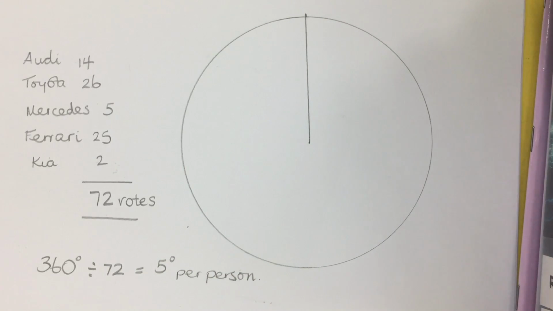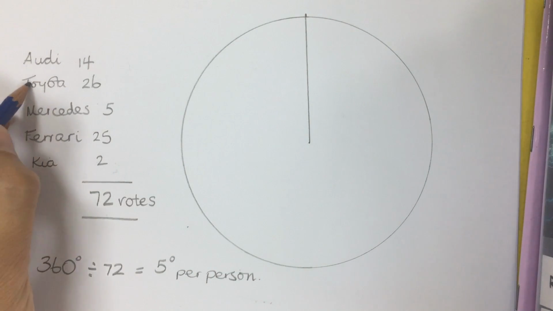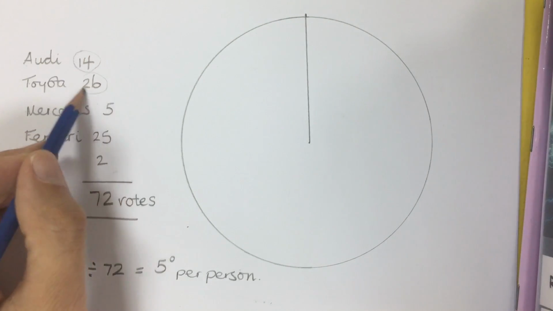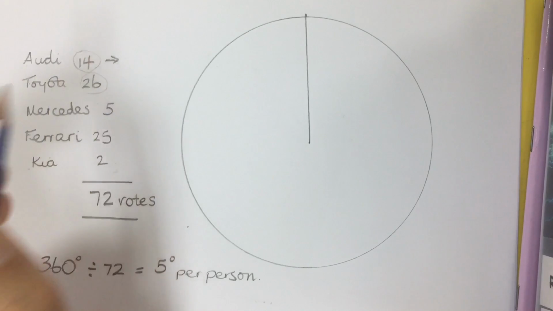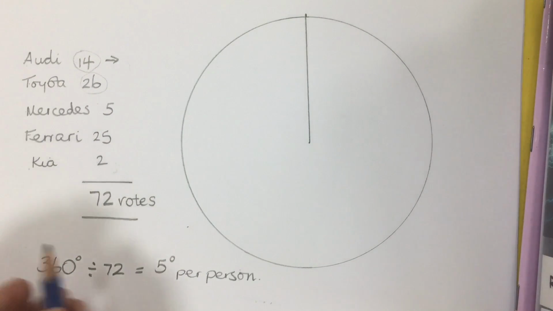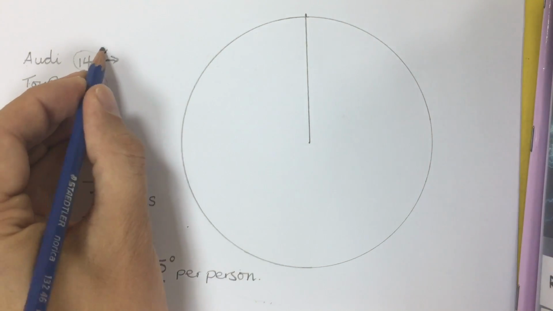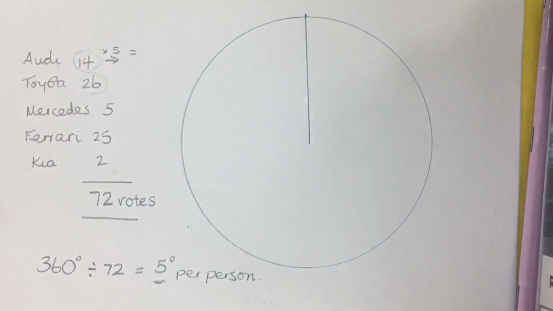So what I need to do is go back to the original votes and convert these raw numbers into degrees. And to do that, I need to multiply by this magic number down here, by 5. So in this first example, 14 times 5.